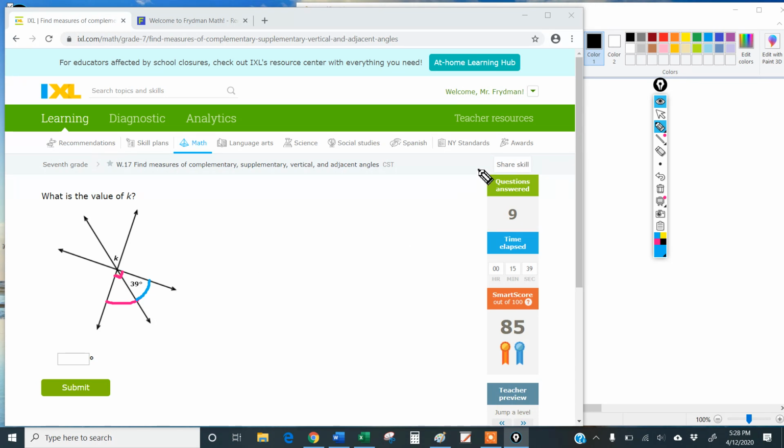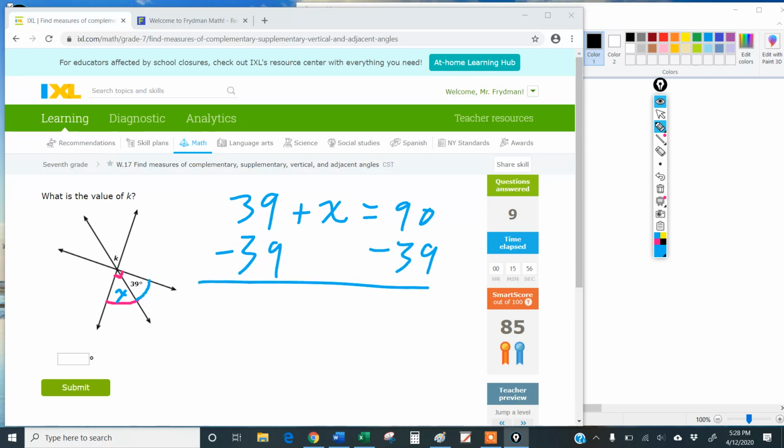So we have 39, and I'll call this angle x. So 39 plus x equals 90. So x must be equal to 51. So this angle over here is 51 degrees.